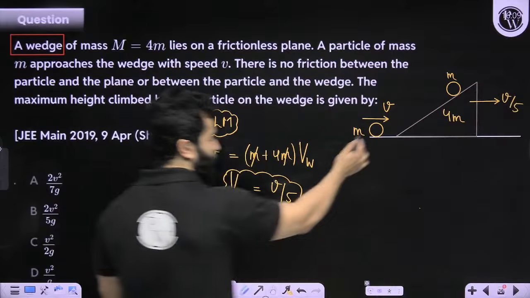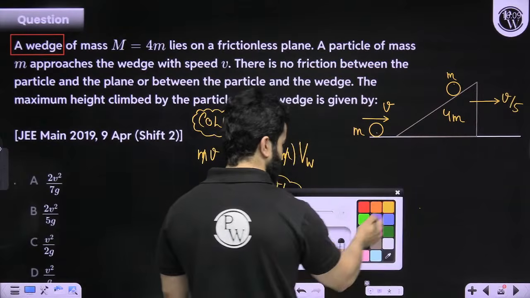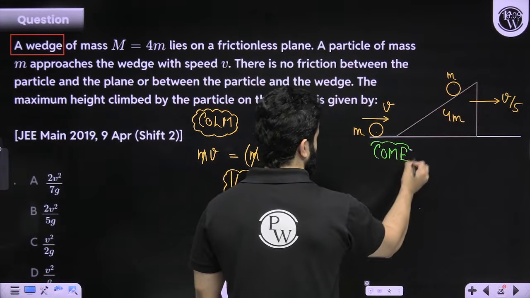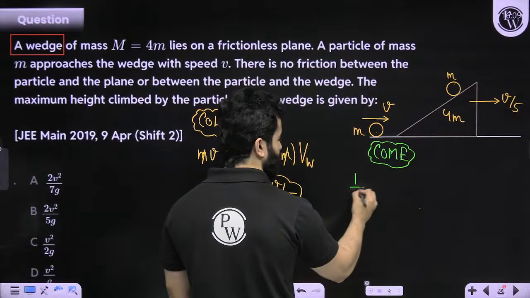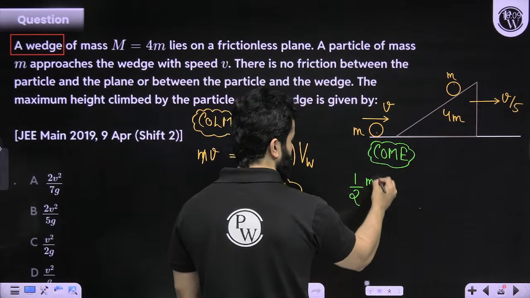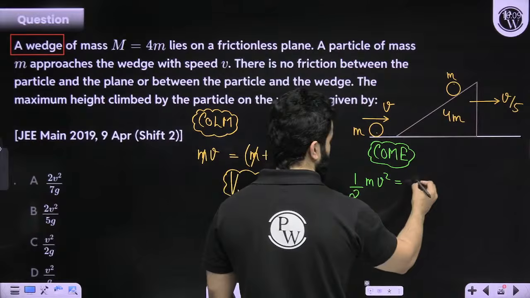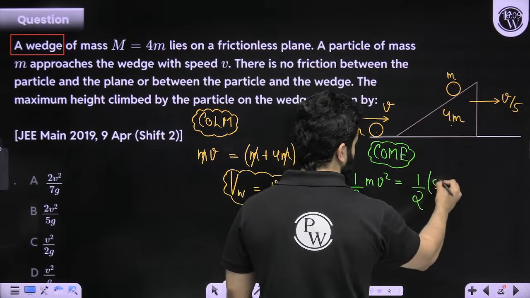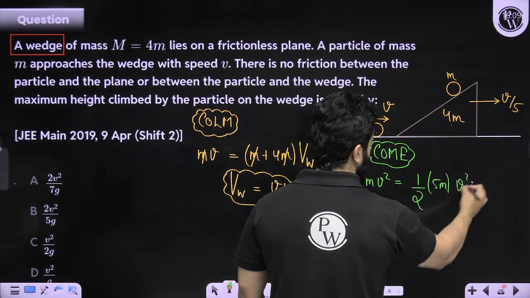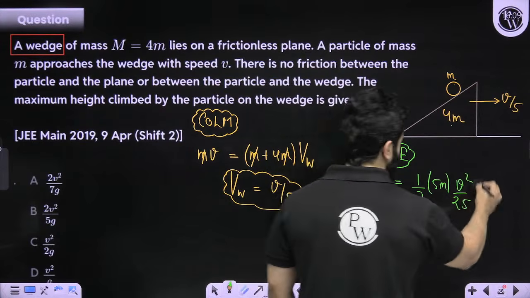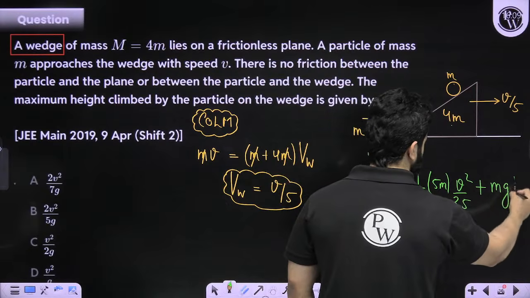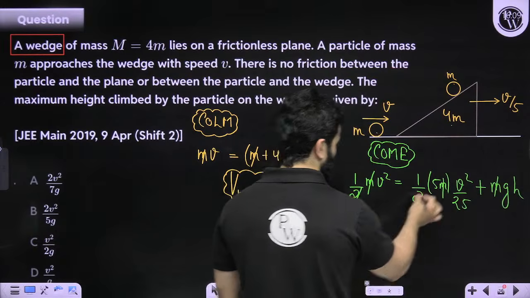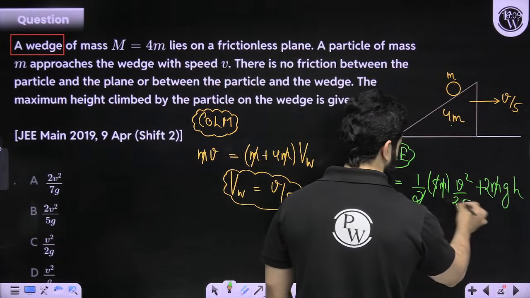Now between this point and this point, let's apply conservation of mechanical energy. The initial energy of this system is half m v square, which is equal to half times 4m plus m, that is 5m, times v square by 25, plus mgh. m can get cancelled out, I'll write 2 over here, this will become 5.